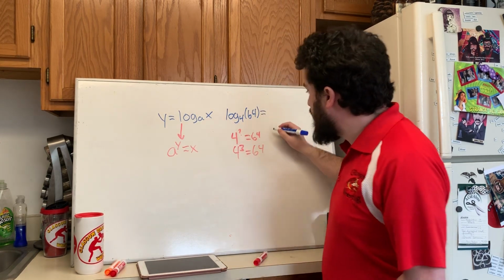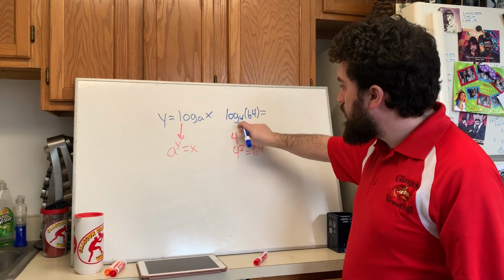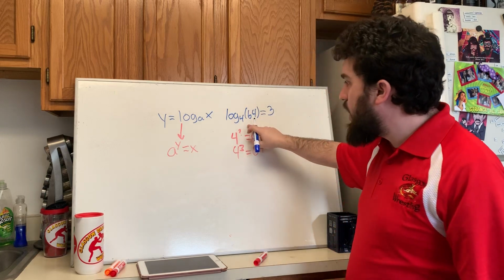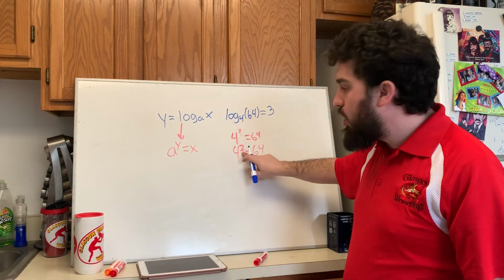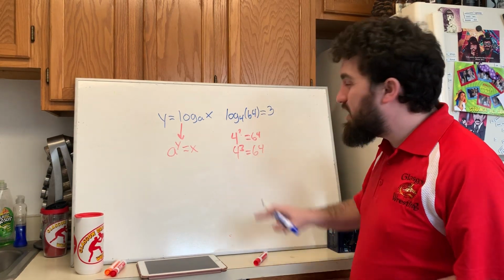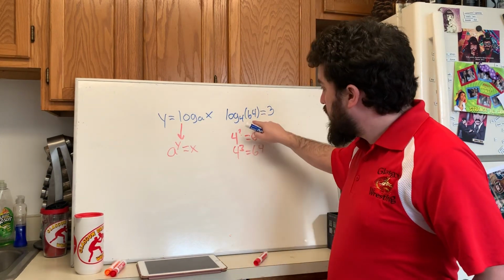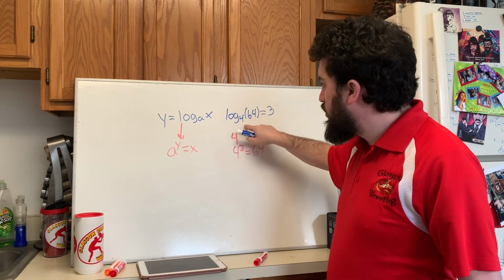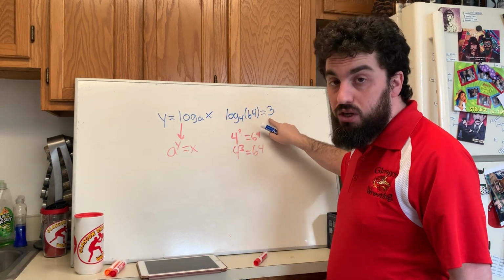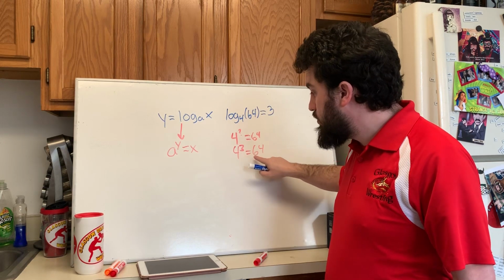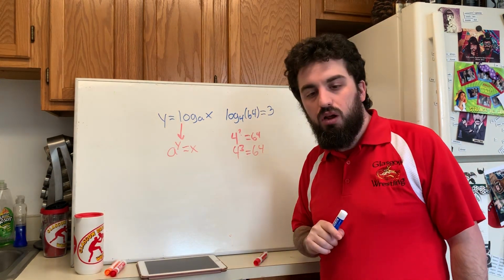So that means that the log base 4 of 64 is 3, since 4 cubed is equal to 64. So I can rewrite this: log base 4 of 64 equals 3. That's the same as 4 cubed equals 64.